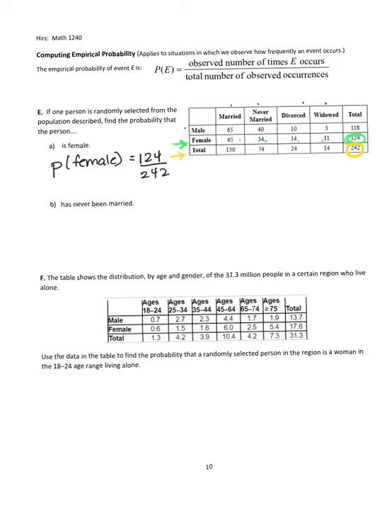So 124 divided by 242, in lowest terms, gives us 62 out of 121. We divided everything by 2 here, and that's what we have in lowest terms. Now compare that to the probability of never been married.